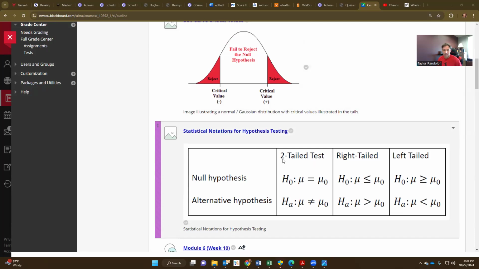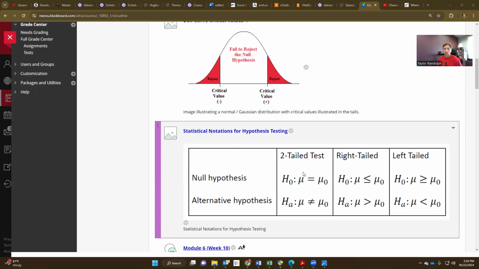Sorry, my brain's getting ahead of me. Your alternative hypothesis is your true hypothesis. So your alternative hypothesis states that the means are not equal, or one mean is bigger than the other, or one mean is less than the other.